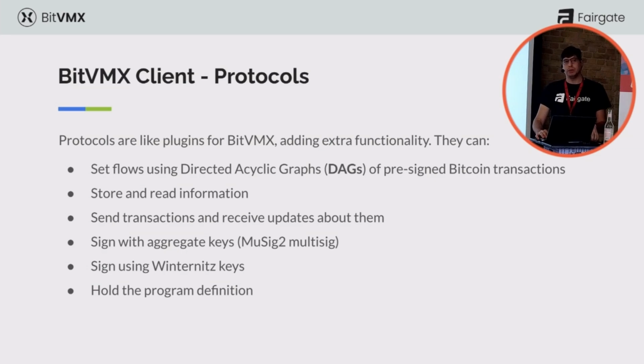So if you want to add that to the hackathon, that will also be counted as using a part of Fairgate. And protocols hold the program information. As we see, when you set up the protocol, you indicate the YAML that we'll use with the ELF definition.